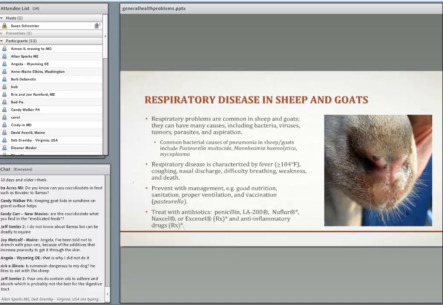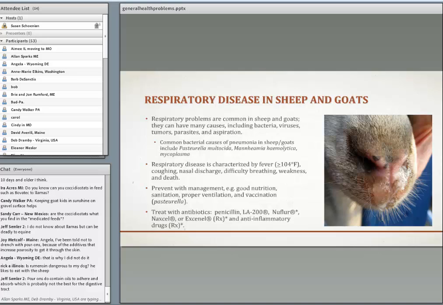I actually had a sheep this past year that had a tumor inside, and it eventually pushed it out through her nose. Obviously, that caused respiratory symptoms. Parasites, as I already mentioned, the nasal bot, but also lungworms. And then aspiration. When you simply deworm an animal, you can get fluid down in the lungs.